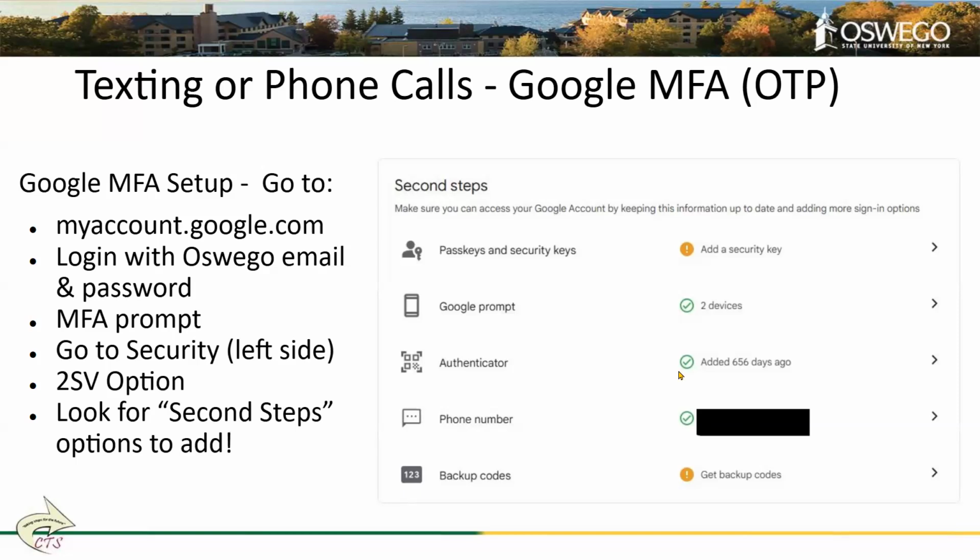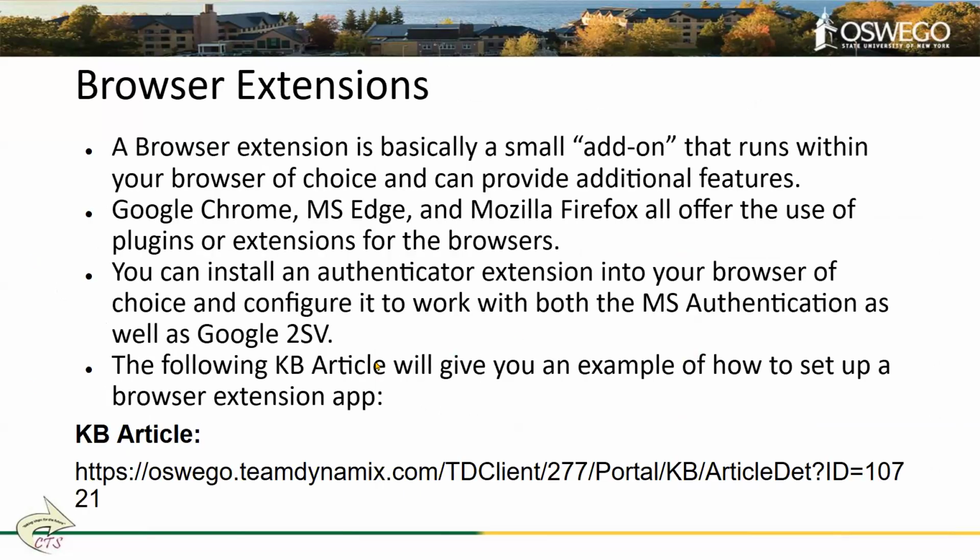Now, that being said, we're talking about texting or phone calls here for the most part using your phone. There's another option you may not have thought of before, which is also available to you. And that is something called browser extensions. If you've never heard of a browser extension, this is basically a small add-on feature that runs completely within your browser of choice, and this can give you additional features.